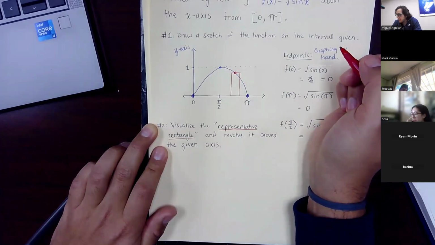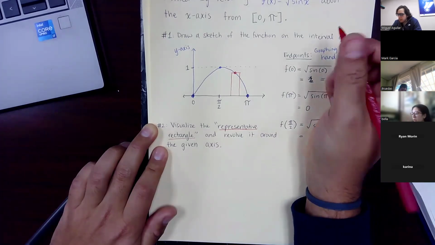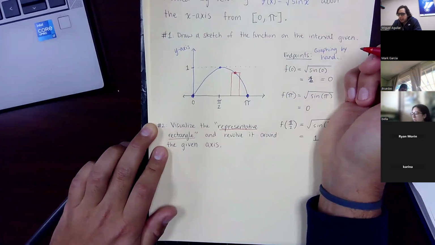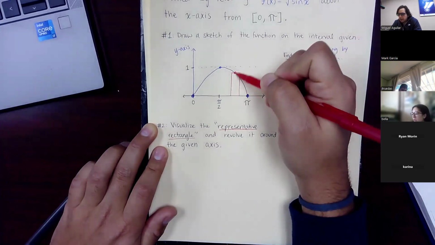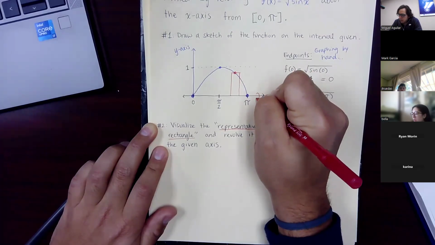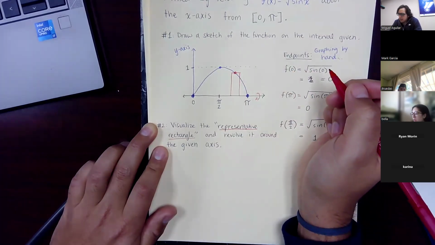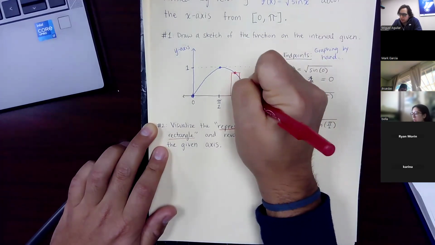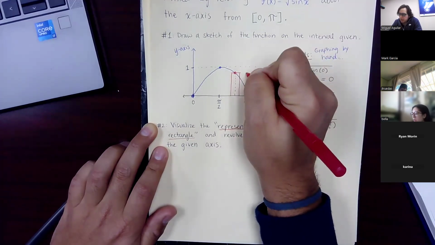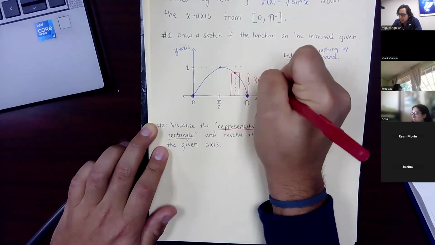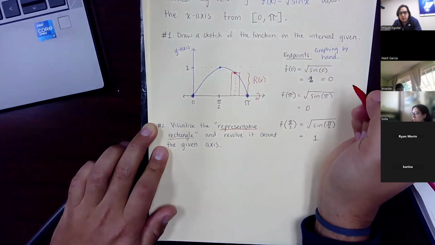And the idea is that we want to figure out what's going to be the radius of this rectangle, right? Because what we're going to do is revolve that around the x-axis. And so remember, when we talk about the radius of this rectangle, we're really talking about its height. So the height of this rectangle we can label as r of x because it's going to be some function.